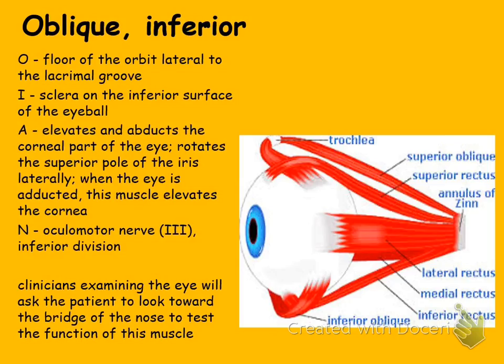So we can look in different directions. Instead of just 4 different directions, we can look in many different directions, and we rotate the eye in that way. If you're going to do this in a clinic, you have them look forward towards the bridge of the nose to test the function of the eye. So you kind of make them cross their eyes to see if this muscle works.